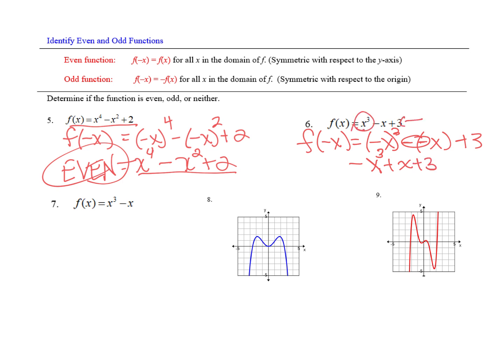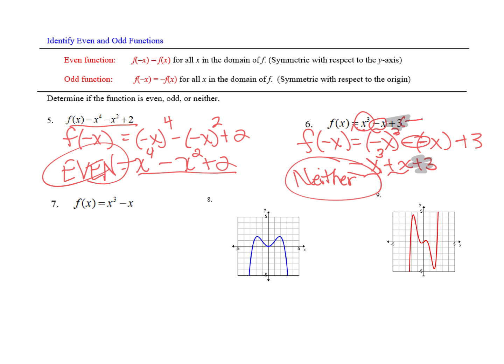This is x cubed, negative x cubed, so that's opposite. This is negative x, positive x, that's opposite. But look at the very last term. It's plus 3, plus 3. What that means is these are not exact opposites. They're also not exactly the same, so this would be a neither situation. This is neither even nor odd. Not all functions have symmetry, so neither is an option.